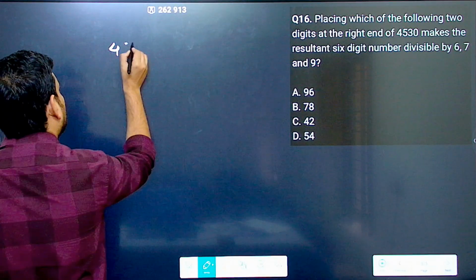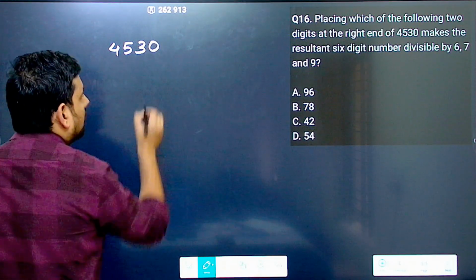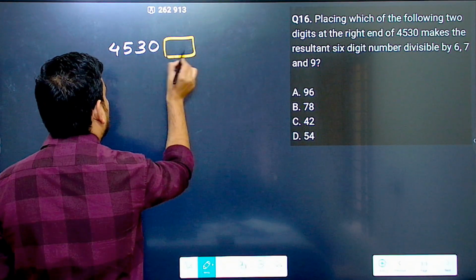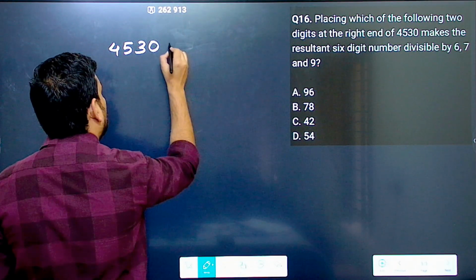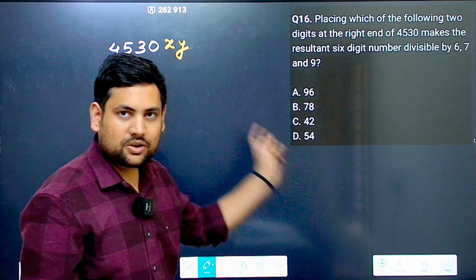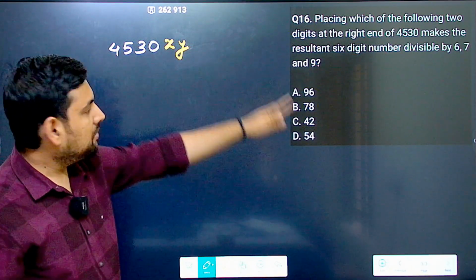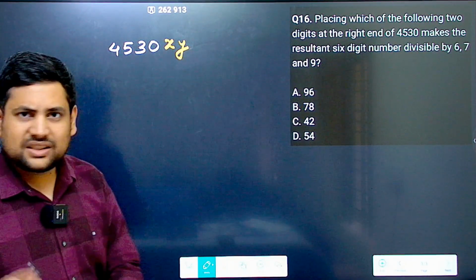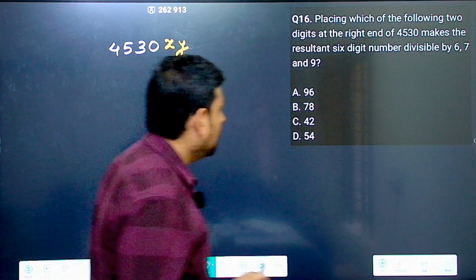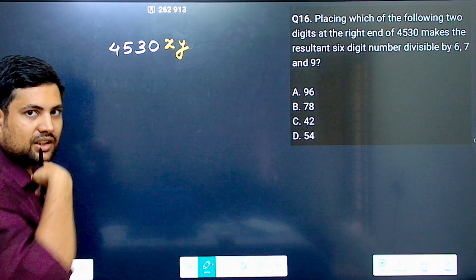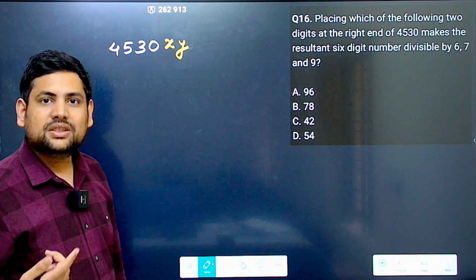Now see, what can be these 2 digits that I can put here, I am calling them, let's say xy. What is the value of xy from these options that I put here, and it will become divisible by 6, 7 and 9. Now first thing, 9 is the easiest. Correct. So 9 if I want, see, 4 plus 5 is 9, 9 plus 3 is 12.